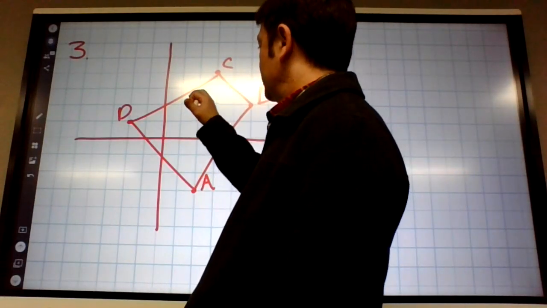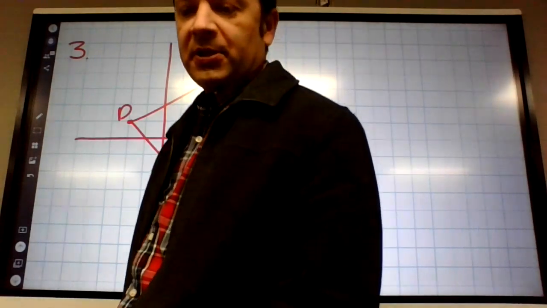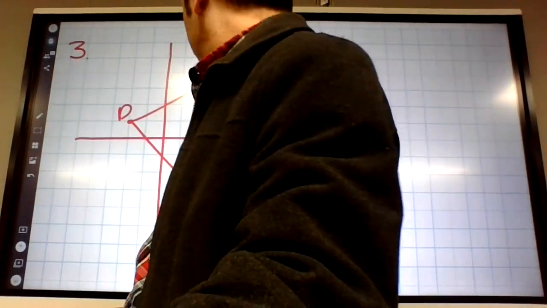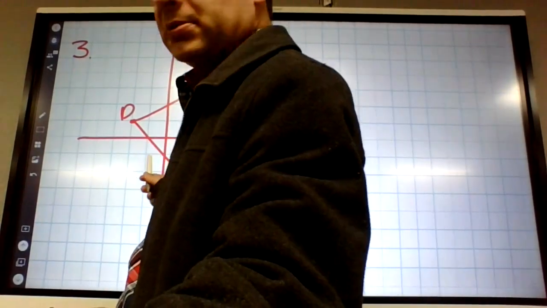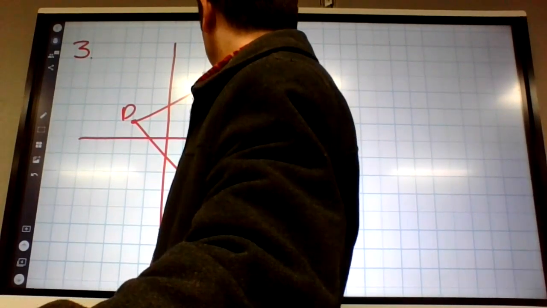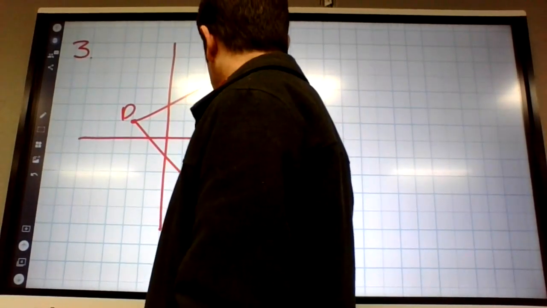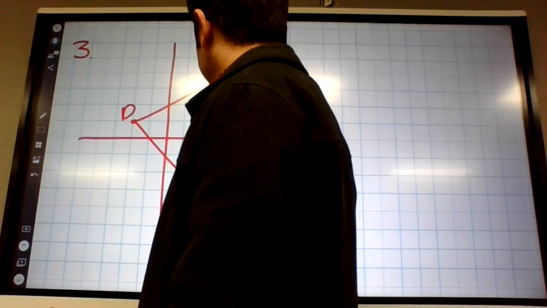A is 3 below. Why do I feel like this is not what it looked like in the other class? Did I graph these all right? I think D is supposed to be on the right. Or C is. C is 3, 4. No. Is this what you got? Maybe I just drew it wrong in the other class.